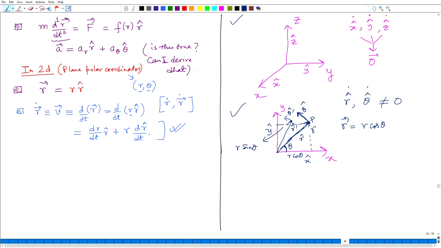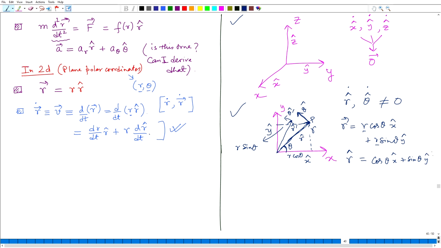So, you can say r cos theta x cap plus r sin theta y cap. Then what is r cap? r cap is this divided by modulus of r. Modulus of r is nothing but r scalar itself, and that is why the unit vector will be simply cos theta x cap plus sin theta y cap.